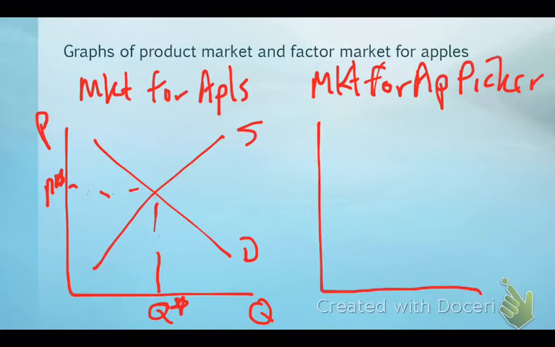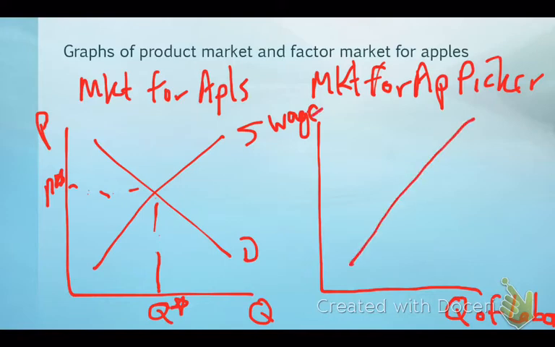Now we've got quantity, but we're going to say quantity of labor to distinguish. So when you label the quantity line in the factor market, say quantity of labor or quantity of capital or quantity of land. And then since this is labor, instead of saying price, we're going to say wage. But the market is still a supply-demand graph.